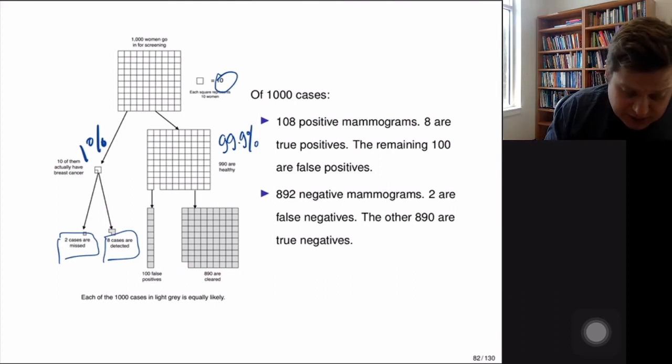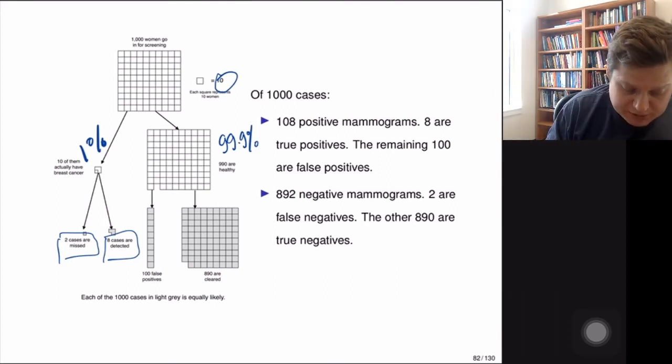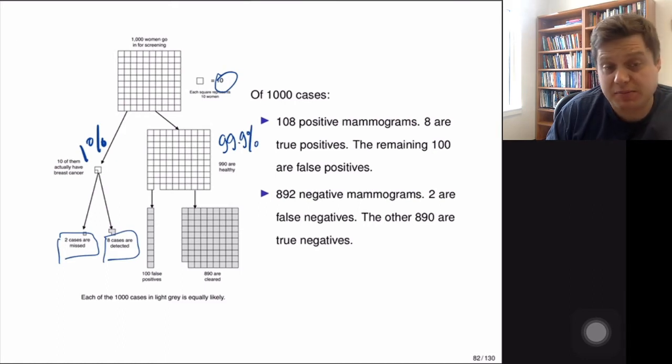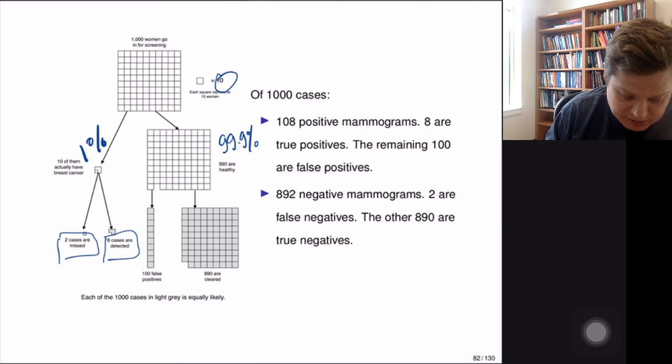On the other hand, out of the 990 healthy women, 100 of them will be labeled as people who have cancer because the test has a 10% false positive rate. And 890 people will be correctly identified as healthy.